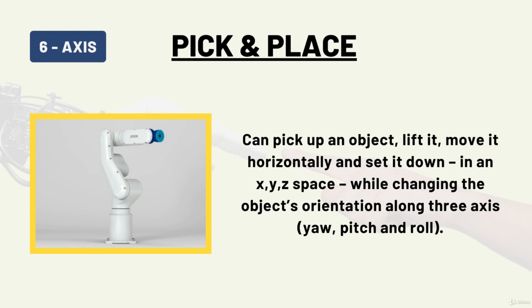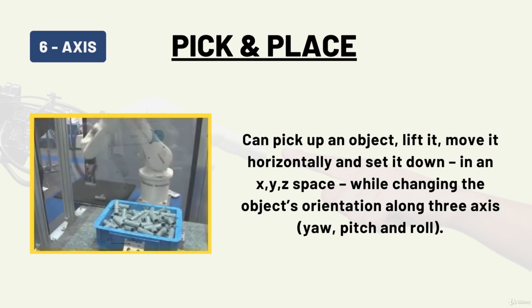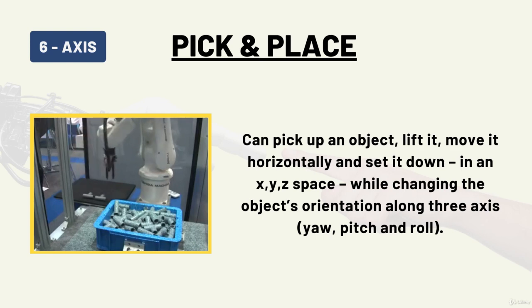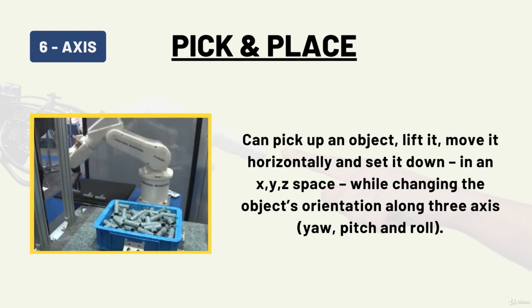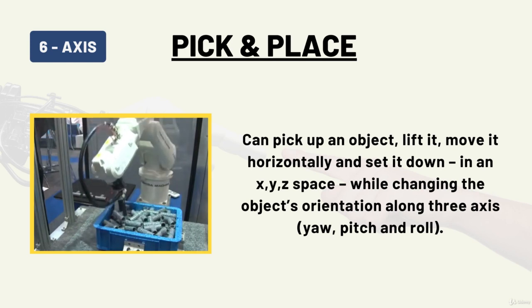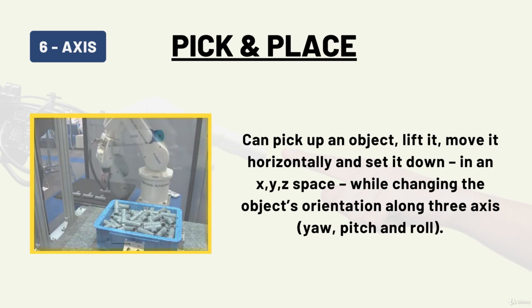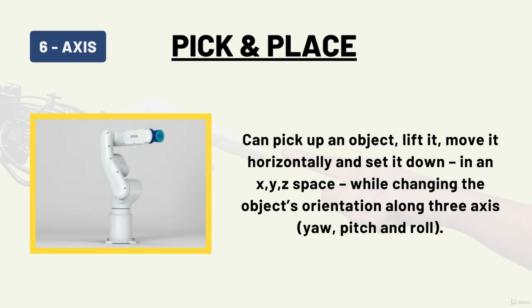A six-axis robot can pick up an object, lift it, move it horizontally, and set it down in an XYZ space, while changing the object's orientation along three axes. So this kind of six-axis pick and place robot has all three movements: yaw, pitch, and roll.